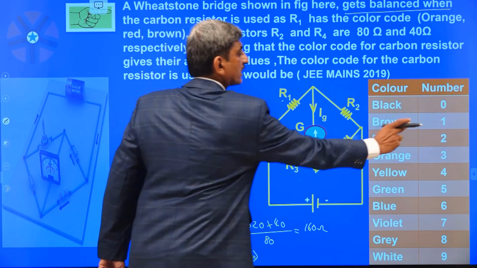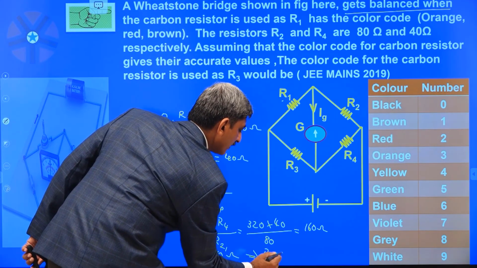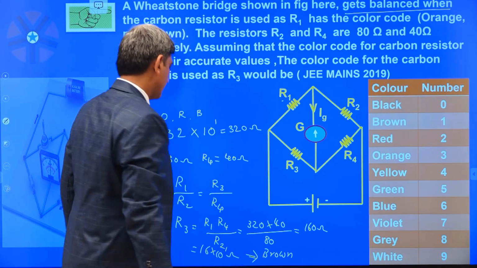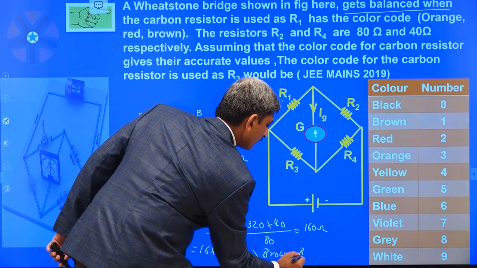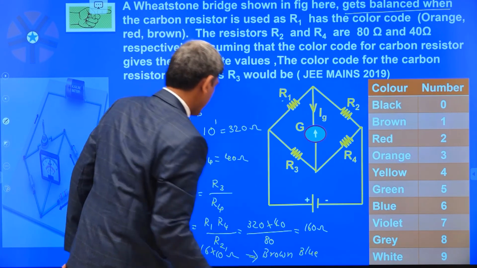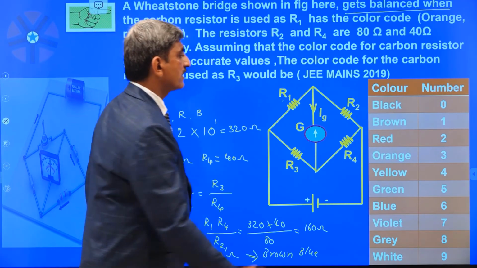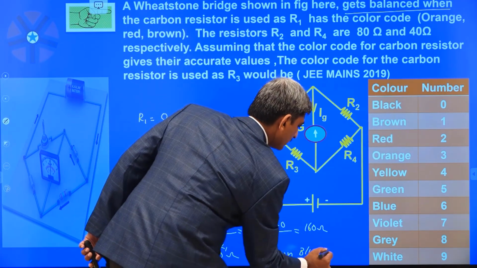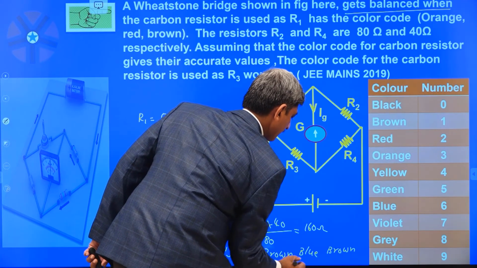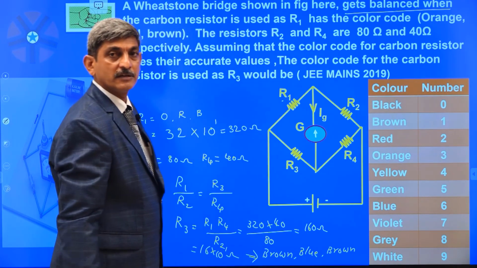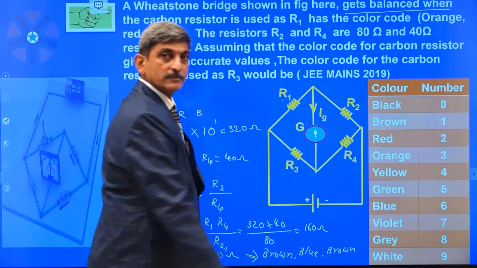The first digit is 1, the corresponding color is brown. The second digit is 6, the corresponding color is blue. And the decimal multiplier contains 10 power 1. For 1 the color is brown, so the required color coding for R3 is brown, blue, brown.